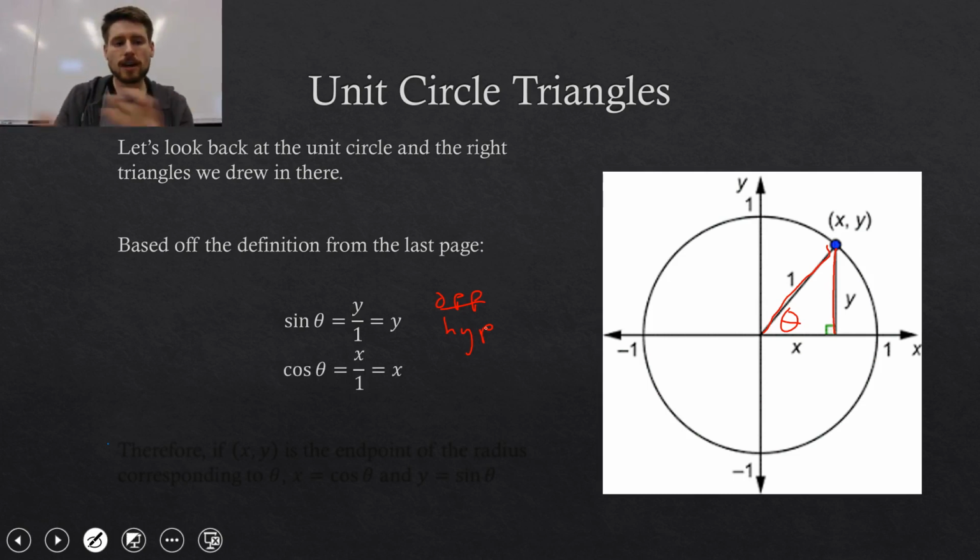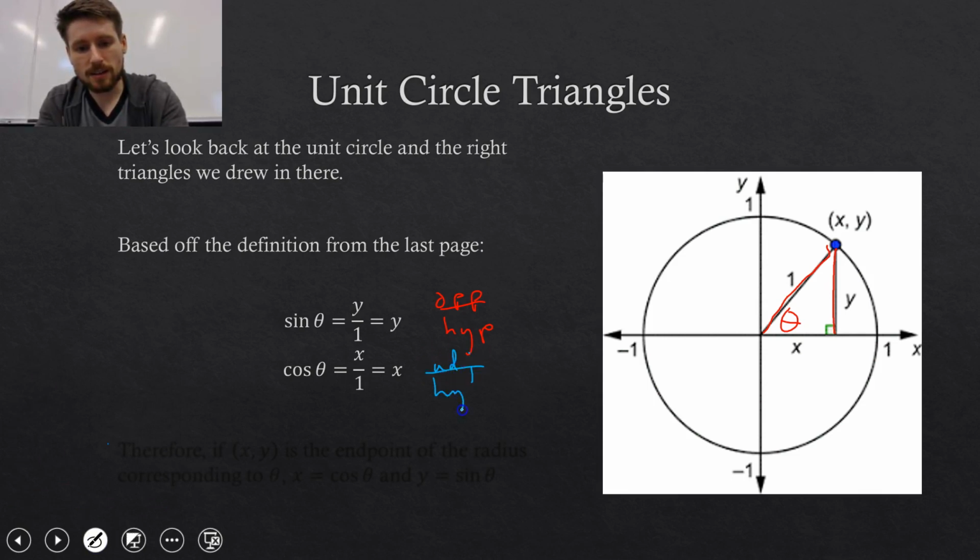Cosine of theta is adjacent over hypotenuse. The adjacent side, in this case, is equal to x. So the cosine of that angle is x over 1, which is our hypotenuse. So cosine is x, sine is y.